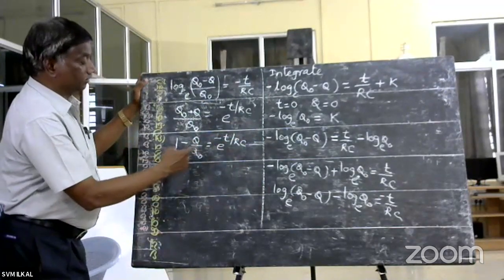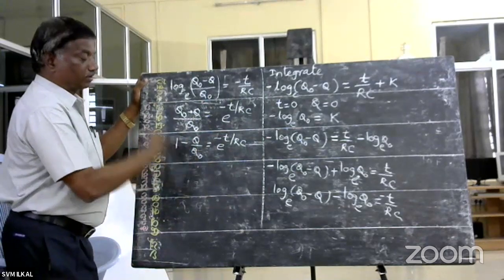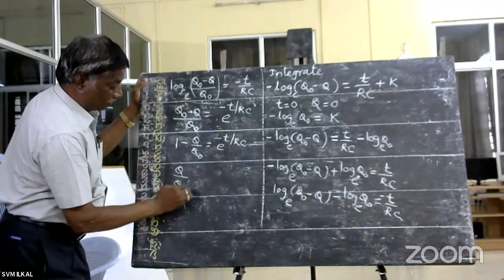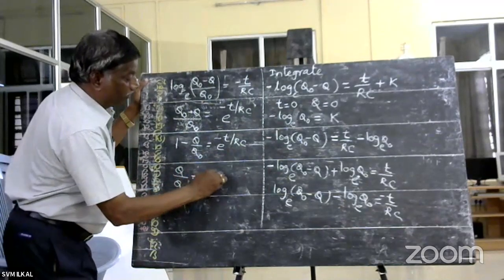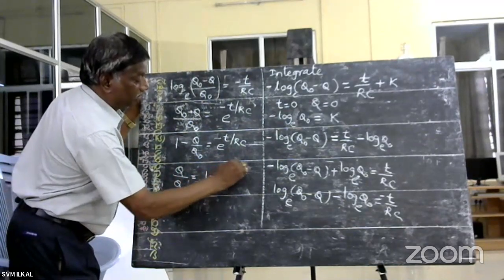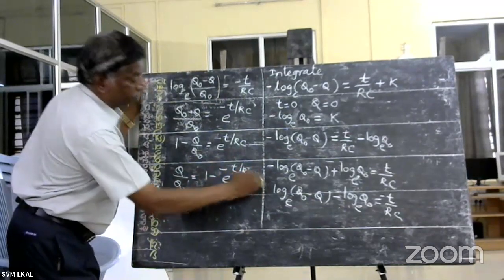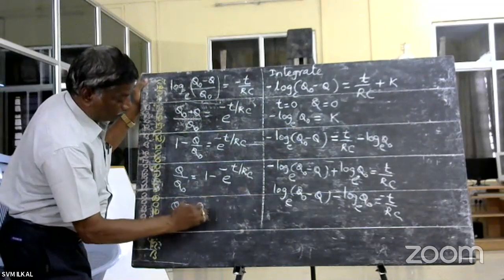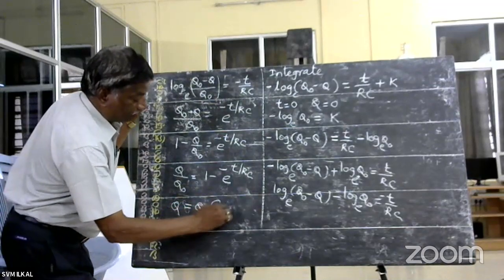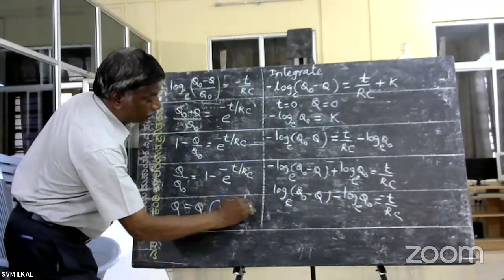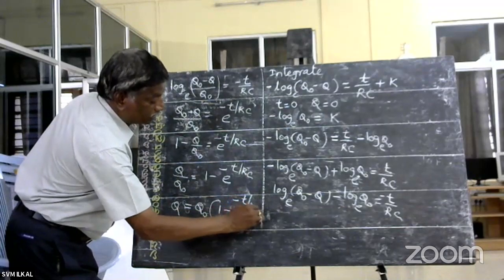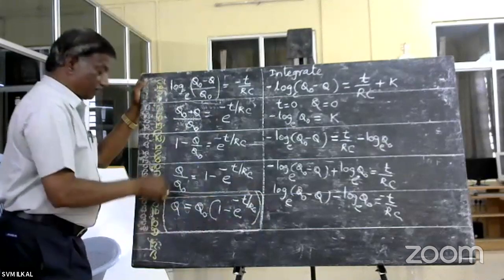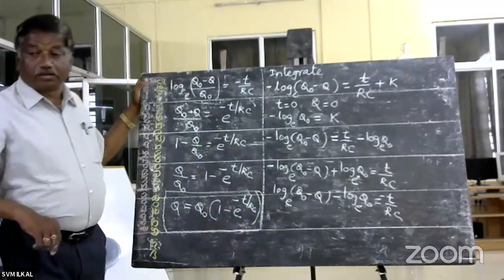Or you can write that minus Q by Q naught takes this side and this term takes this side. That is Q by Q naught is equal to 1 minus e raised to minus t by RC. Or you can write this equation: Q is equal to Q naught into the bracket 1 minus e raised to minus t by RC. This is the final expression for charging of a capacitor after any time.